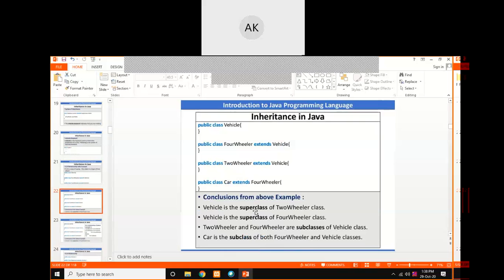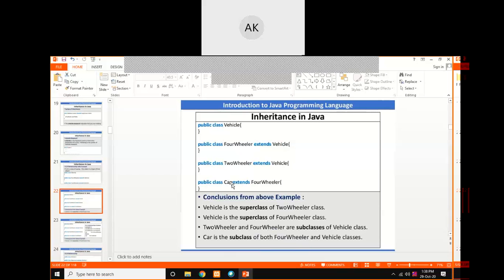So how is it so? From this we can conclude that vehicle is a super class, that is the base class, and from vehicle we are deriving the four-wheeler. So we can say that the four-wheeler is a subclass which is derived from the vehicle.